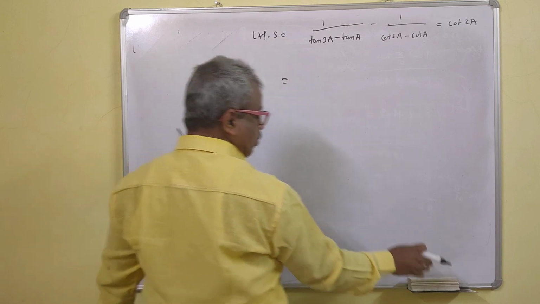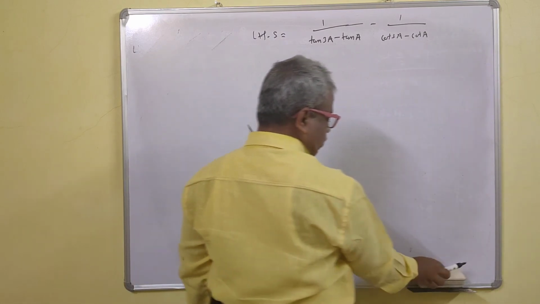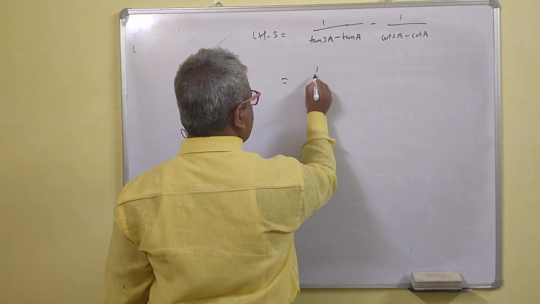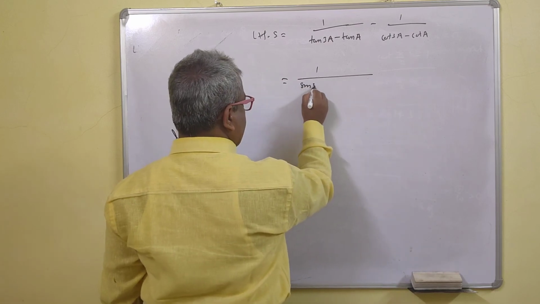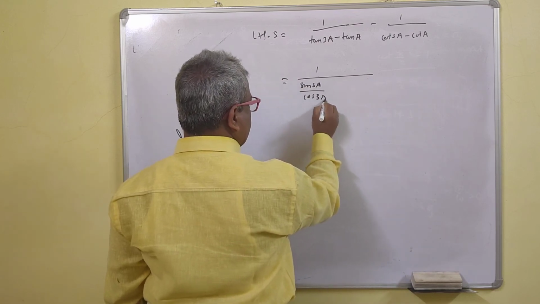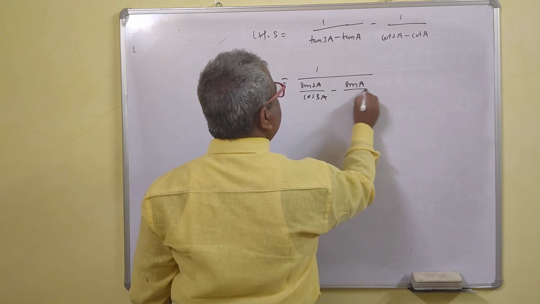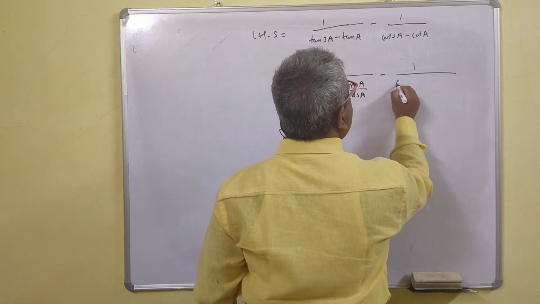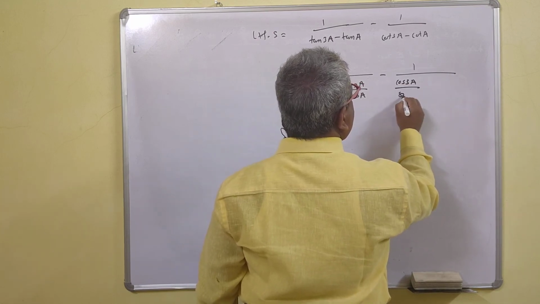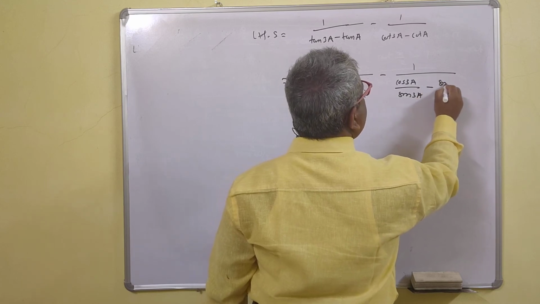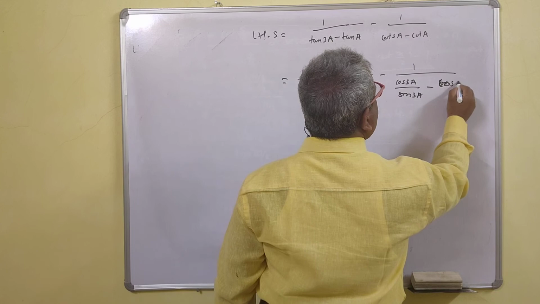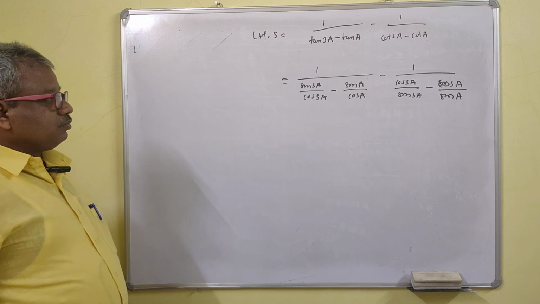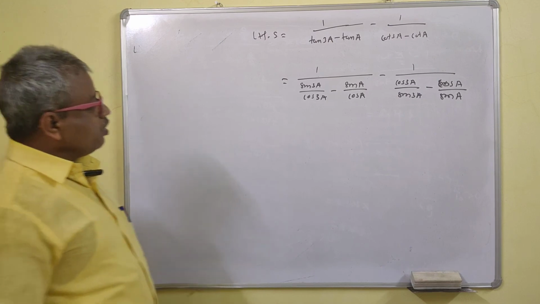LHS is equal to. We'll convert this problem in terms of sin and cos. So 1 upon (sin 3A / cos 3A − sin A / cos A) minus 1 upon (cos 3A / sin 3A − cos A / sin A).